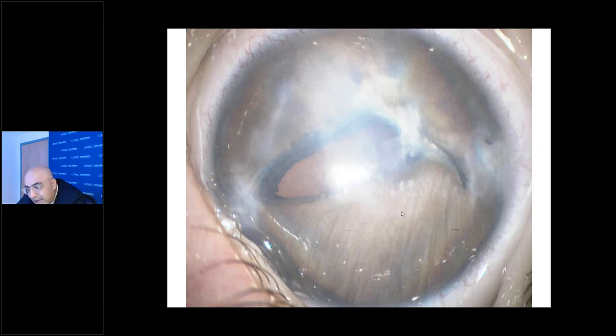Calling every eye that has an opacity at birth that is central, Peters anomaly, is incorrect, unhelpful, and misleading. So that's really, really important to get a deep phenotype.